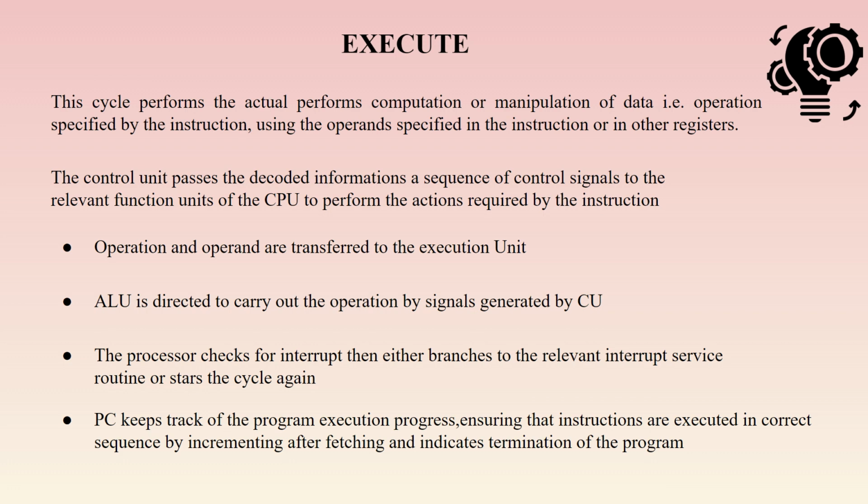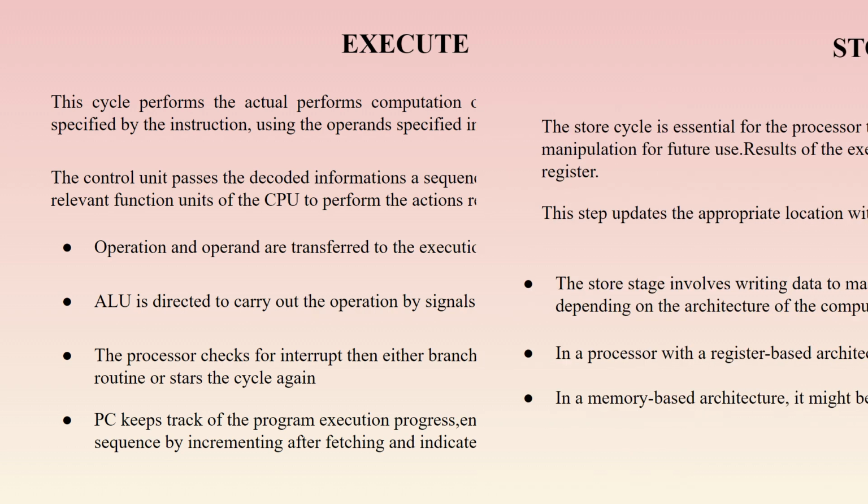The last one: the PC keeps track of the program execution process, ensuring that instructions are executed in correct sequence by incrementing after fetching and indicates termination of the program. This is how the execute step is completed and output is produced.